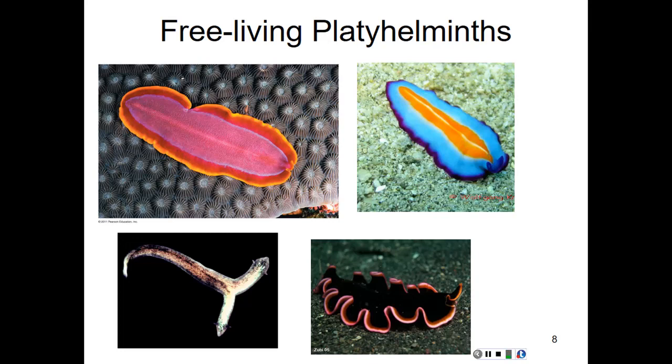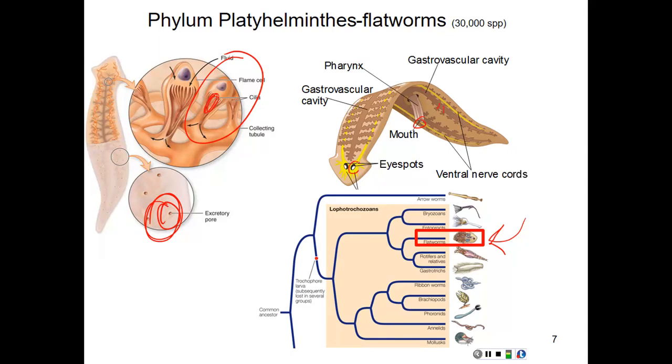They tend to have light-sensitive eye spots that will allow them to detect where light is, and they also often have chemical detecting lobes at the anterior end of the organism. So these features represent the cephalization of the organism.